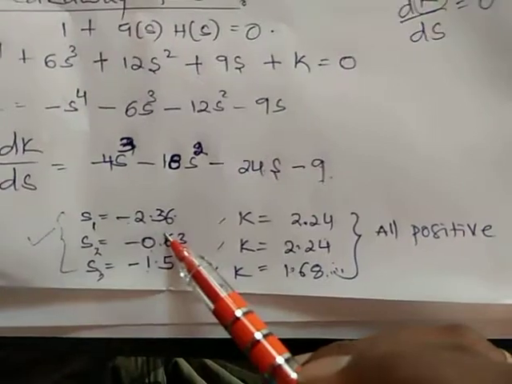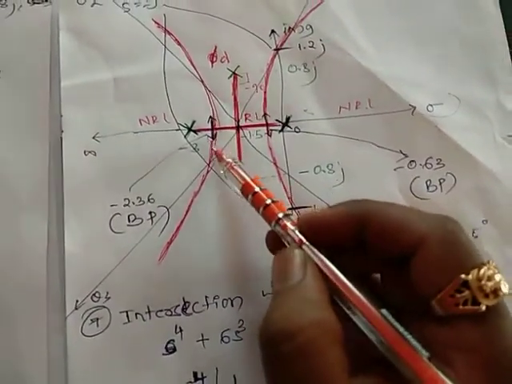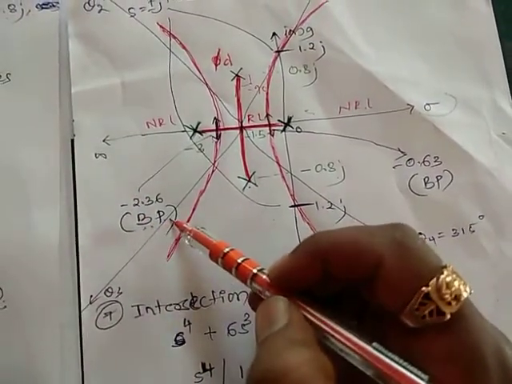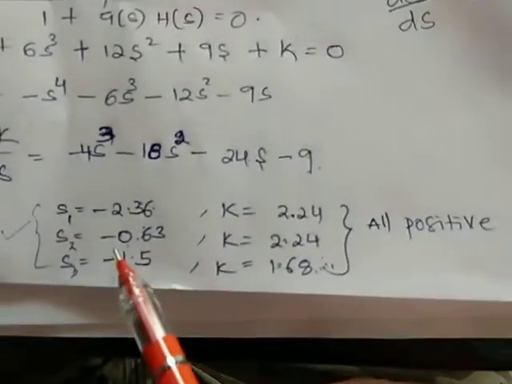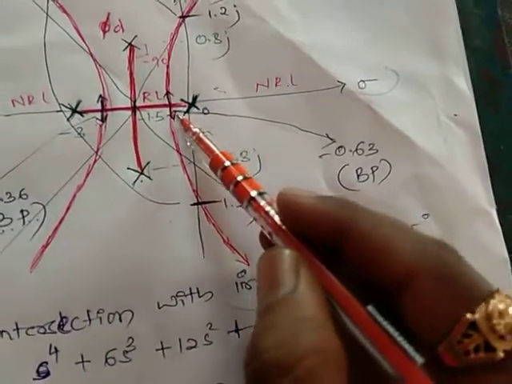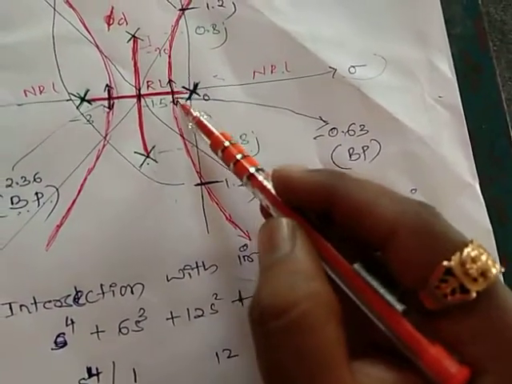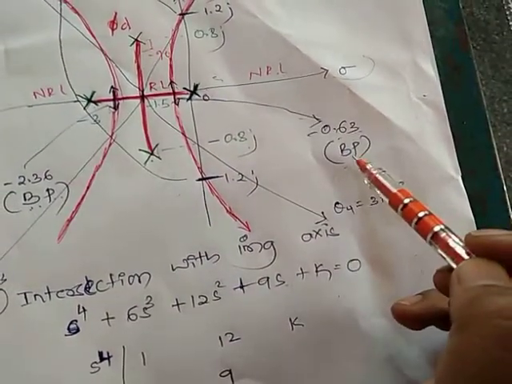One is minus 2.36. Here I have marked minus 2.36 and mentioned it as a breakaway point. Similarly, minus 0.63 will be somewhere here, between 0 and minus 0.5, this is the minus 0.63 breakaway point.